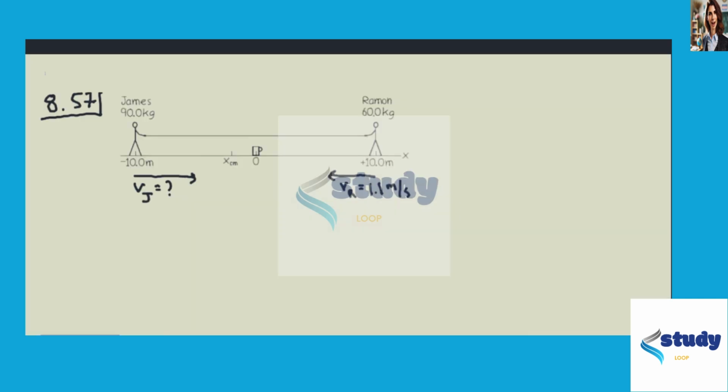And so knowing that the velocity of the center of mass is going to be 0, we could set this up quite conveniently. Like everything with center of mass, it's just a weighted average.